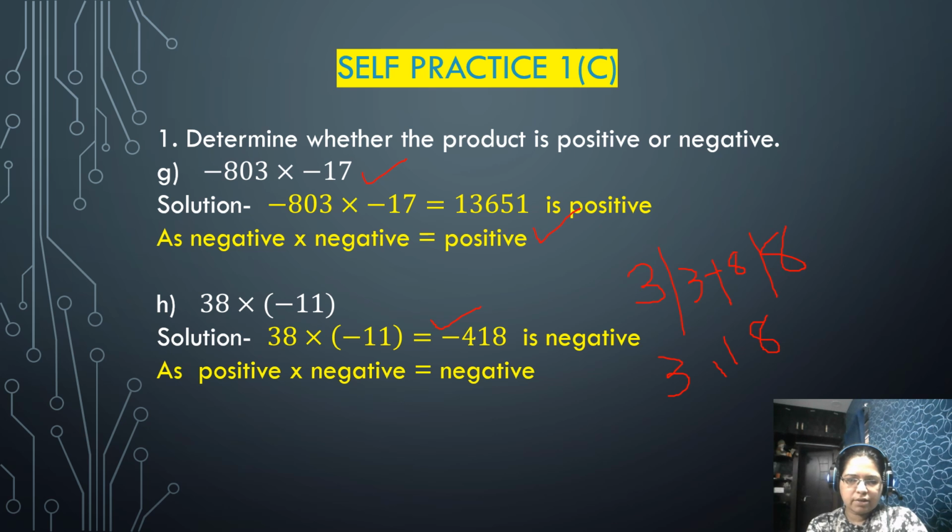Now add this tens place digit 3 with the carryover of 11. Carryover of 11 is 1, that is the tens place digit of 11. Add 3 with 1. 3 plus 1 is 4, and unit place digit of 11 is 1, and 8, unit place digit of 38.